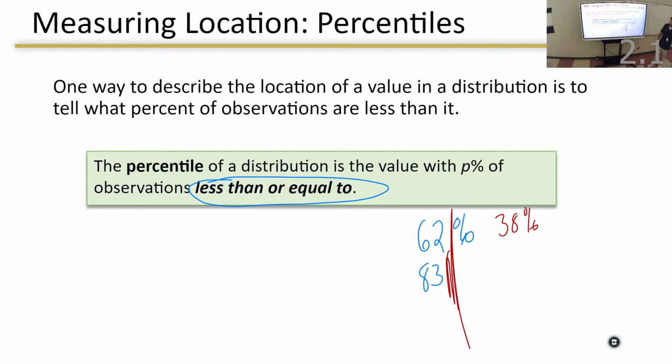And when you talk about that or they ask you to explain something like that, make sure that that's what you understand. That number goes with that percent. 83 goes with the 62. So it's greater than, less than or equal to. And that's why it says less than or equal to, okay, the percentile. Everybody good? Percentiles.